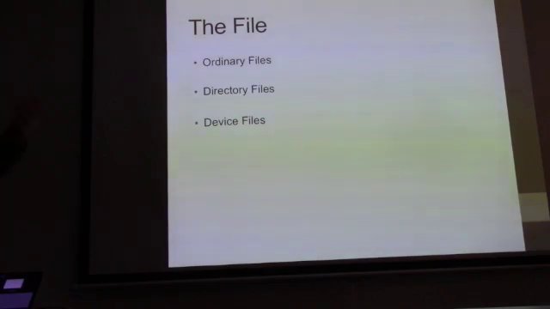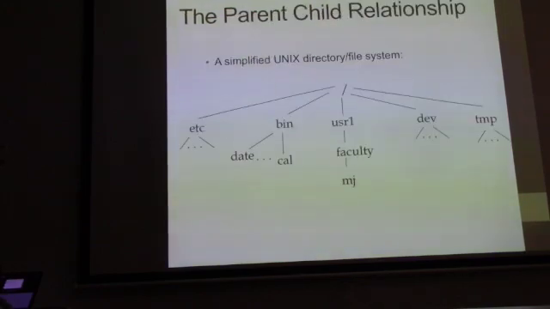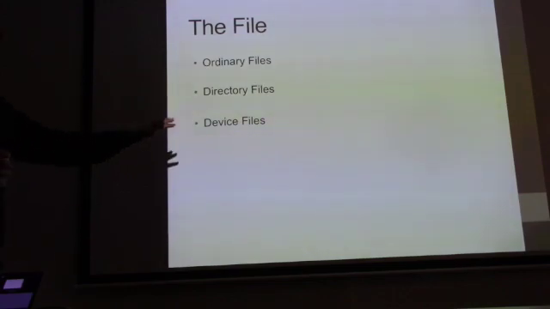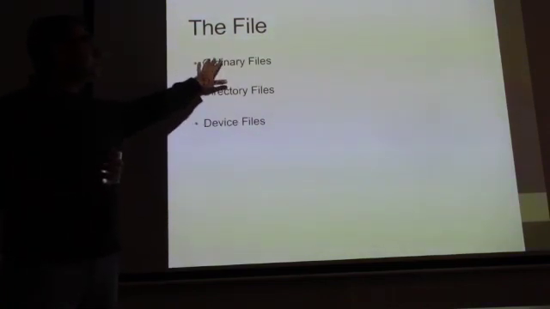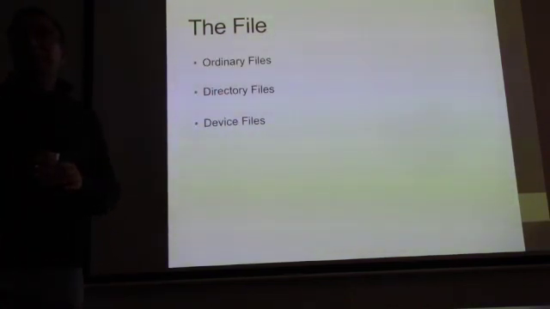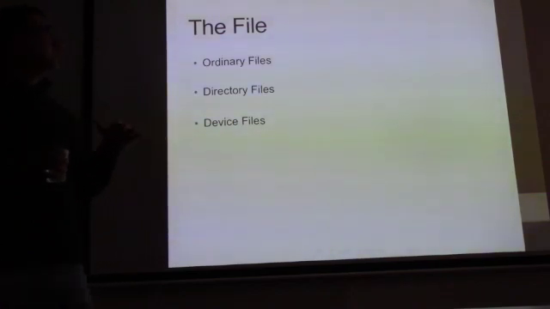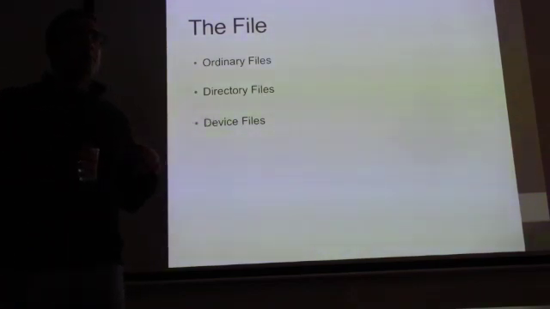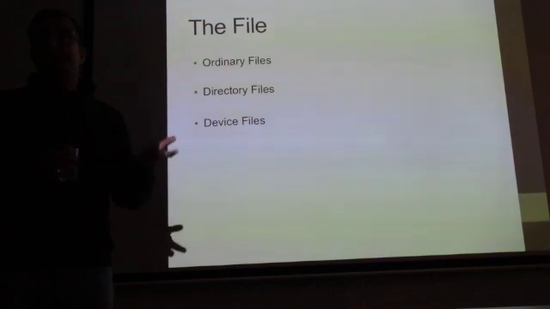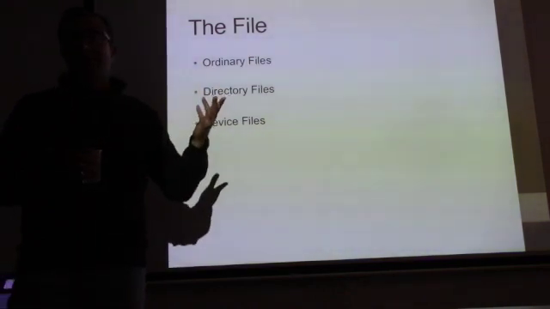So there are ordinary files, directory files, and device files. How are they different? Anybody know the difference between ordinary and directory files? No? Okay, good. So ordinary files are basically your Word documents, stuff that you create. It could be a FASTQ file, which is a read file.